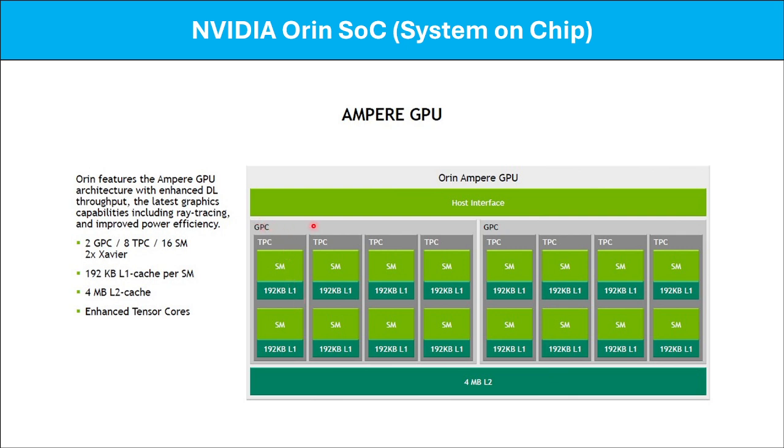We have GPC 1 and 2, so inside this block we have two separate GPCs or graphics processing clusters, which have 4 TPCs or texture processing clusters, and each of them has 2 streaming multiprocessors.